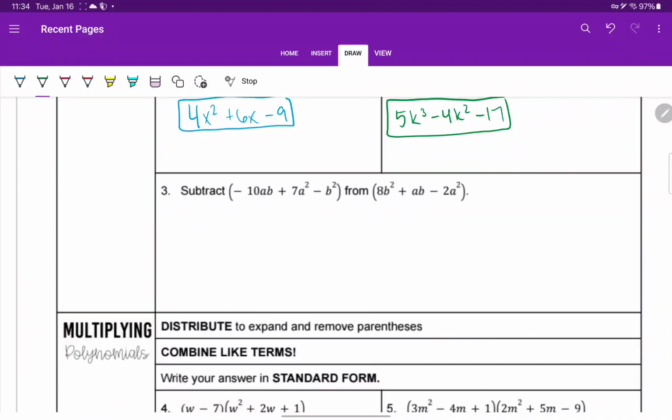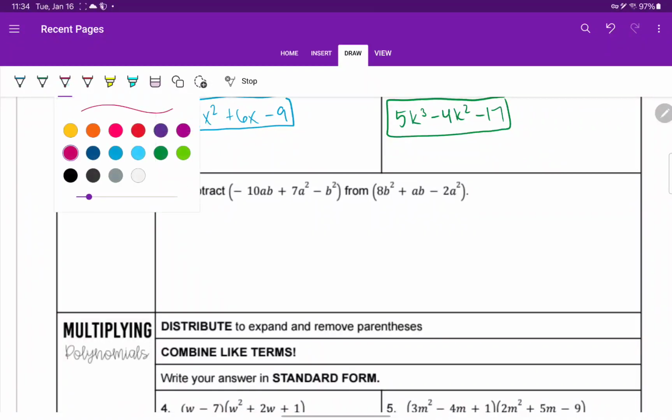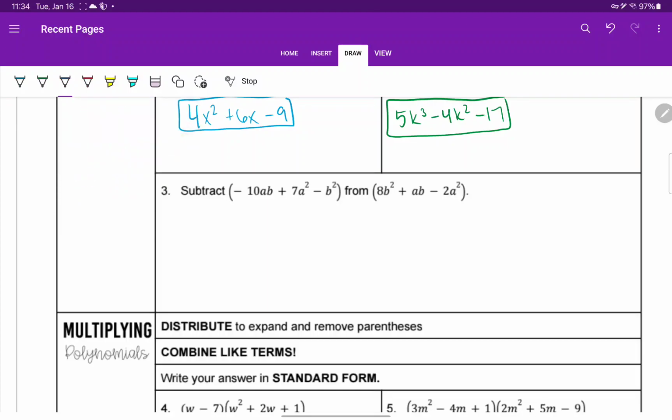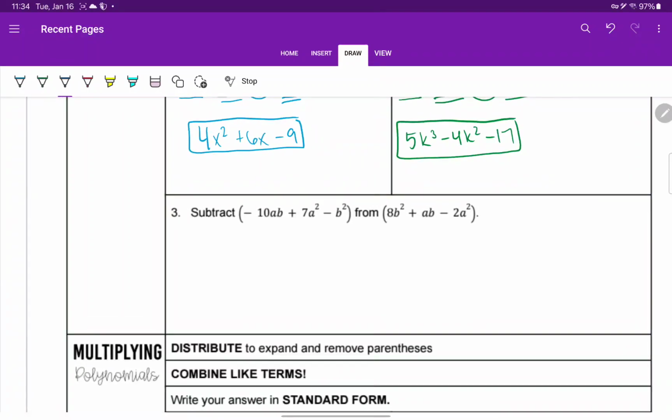Okay, now this one here, do be careful when you read these words. This one says from. It says subtract negative 10ab plus 7a squared minus b squared from 8b squared plus ab minus 2a squared. So this is like a turnaround phrase or turnaround word. Instead of writing it the way it looks, we write it the opposite way. So we're subtracting the first one from the second one.